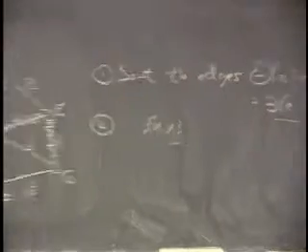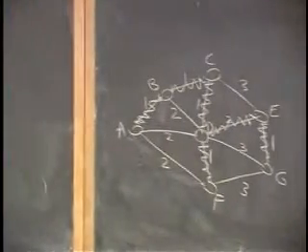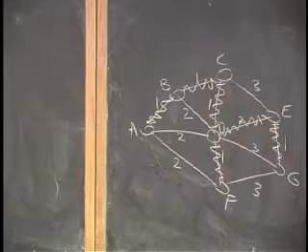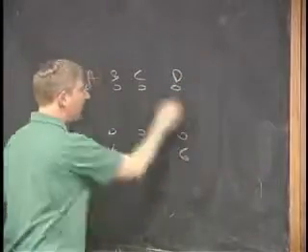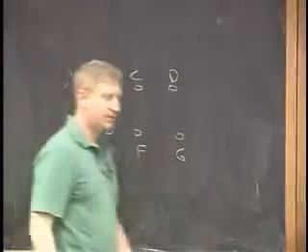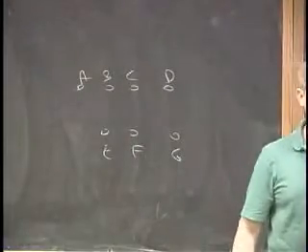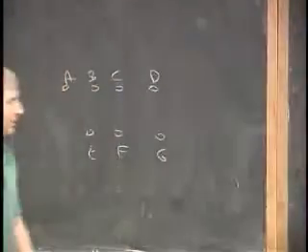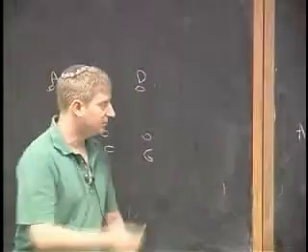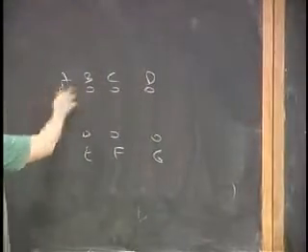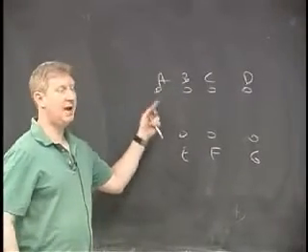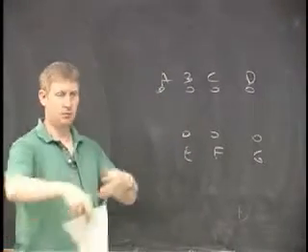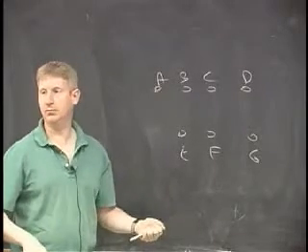Let's go back to the beginning of this problem. At the beginning, we're going to imagine that we have A, B, C, D, E, F, G, all sitting around like this. In other words, 7 separate subtrees. And every time we get an edge, say AB at the beginning, we look up and we see, are A and B in the same group, or are they not in the same group?